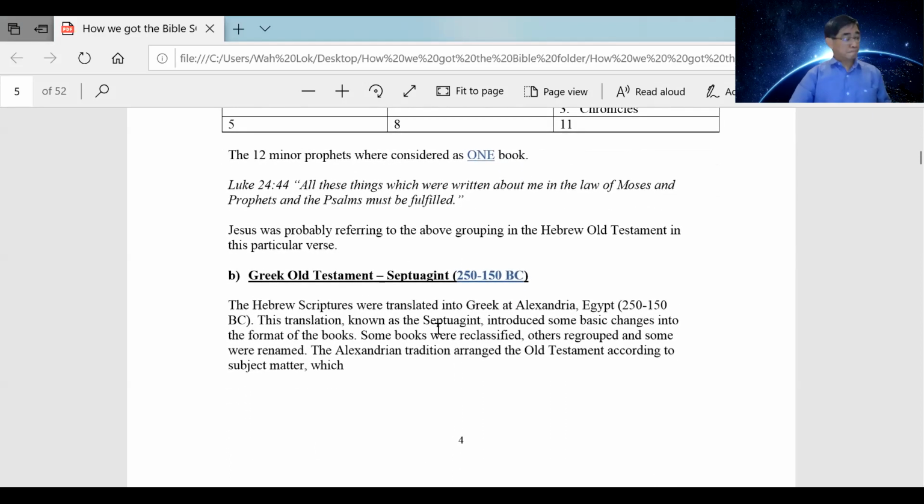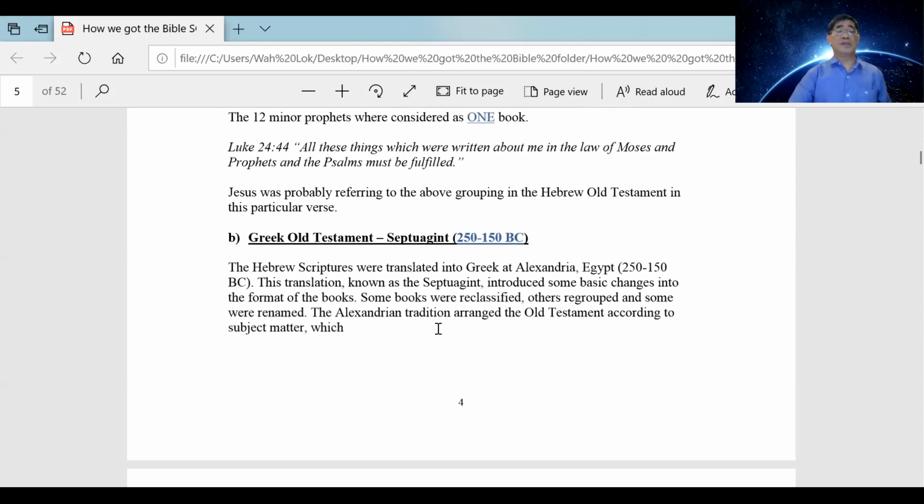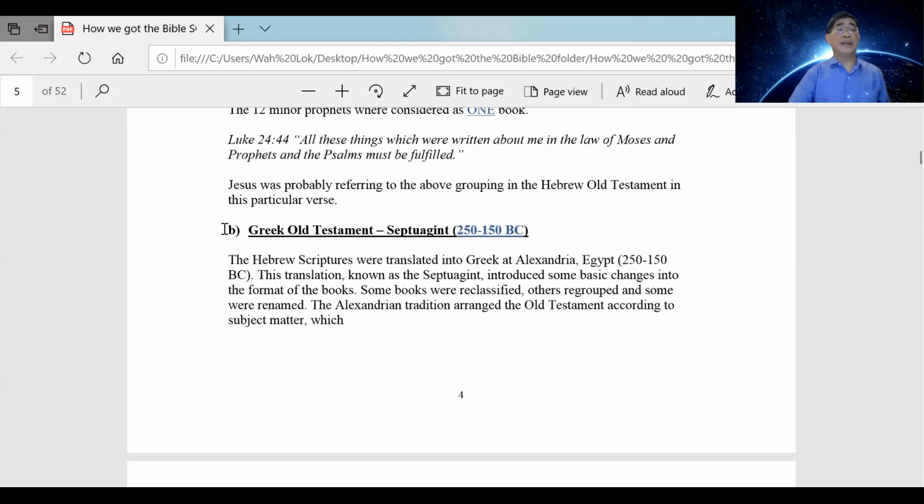Now come to the next section of my notes: the Greek Old Testament. It is called the Septuagint. The Septuagint was written around 250 to 150 BC.